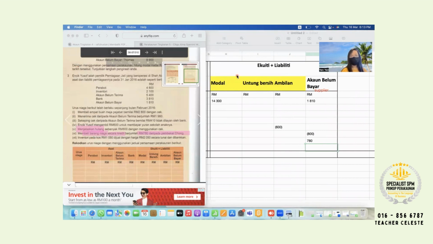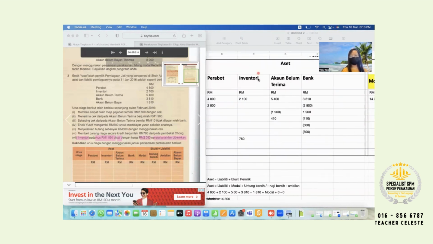Okay. Next, last. Inventory pada cost 1050. So keyword inventory, cost 1050 dijual dengan harga 2050 secara tunai tanpa dibankkan. So of course inventory column. And then dijual.